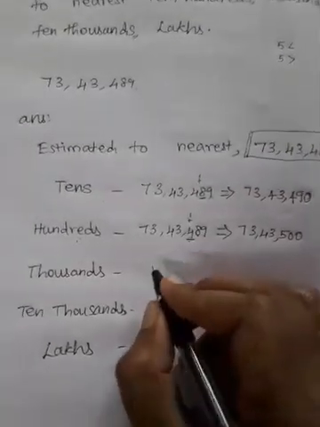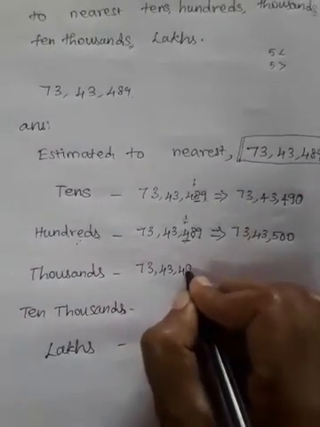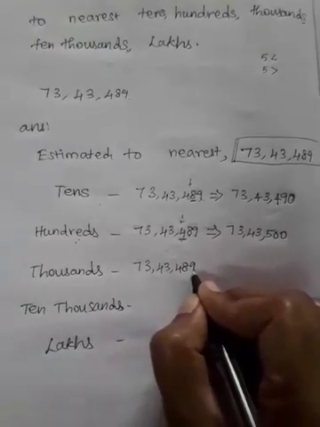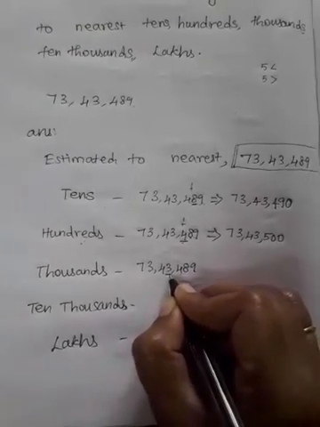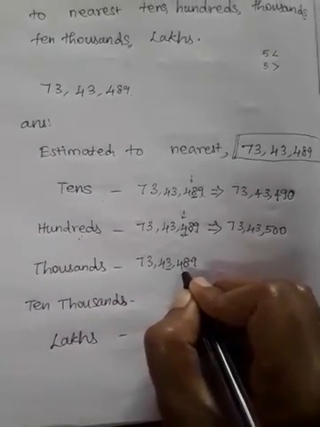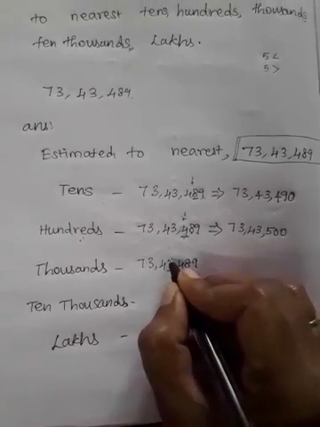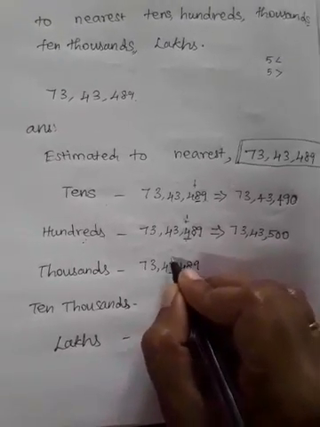Okay. Next one is you want to estimate to the nearest thousands. Nearest thousands. So start counting. Ones, tens, hundreds. This is what? Thousands. So after underline, you just check the next number. 4. Is 4 above 5 or below 5? It is below 5. So you should not add 1 here. If it is above 5, then only you should add here.